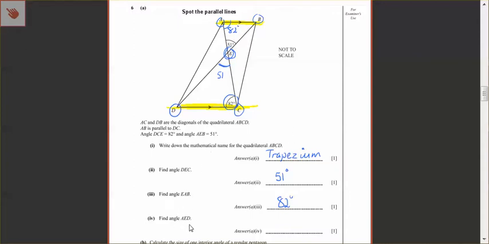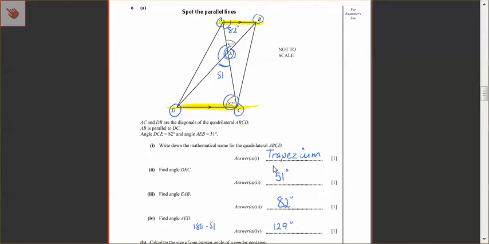Find angle AED, so A to E to D. That's this one. How do I know this one? It's 180 minus 51, which is 129. Do you all know why it's 180 minus?